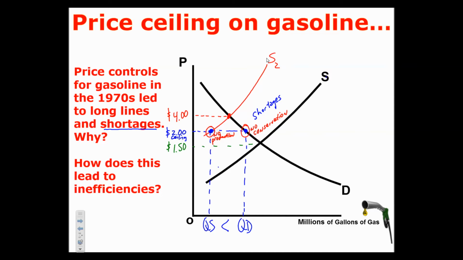And the same thing with producers. The incentive to go explore and find more oil was totally blown away. And so it ended up creating more problems than it could have solved. That's why price ceilings are really a bad idea. These are universally a bad idea. I don't think anybody really does this anymore because of the big issues.